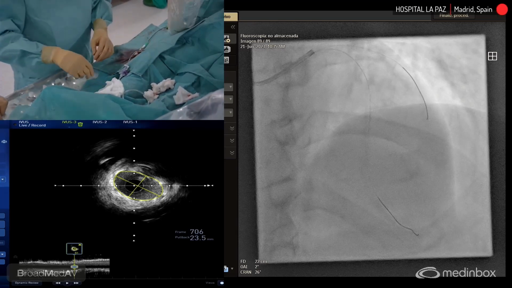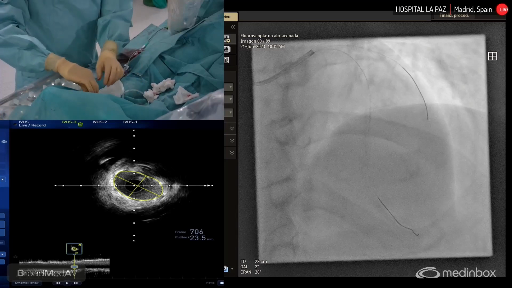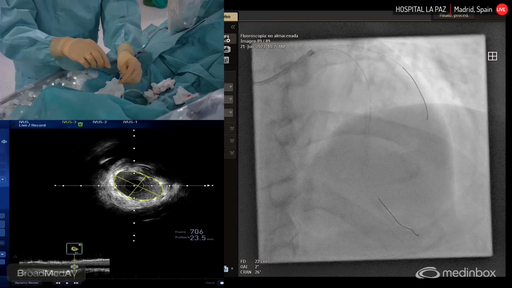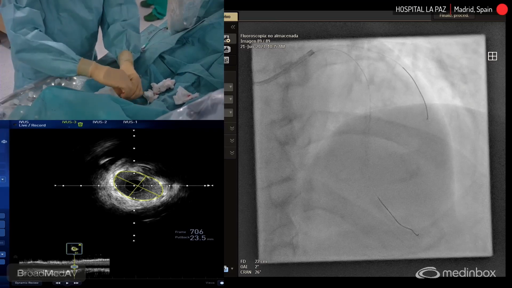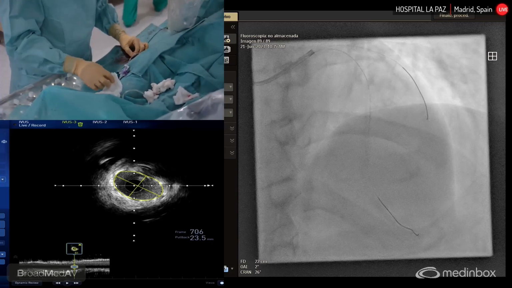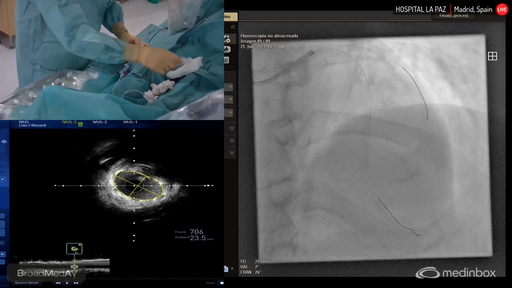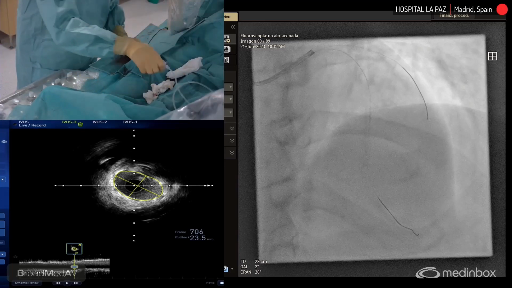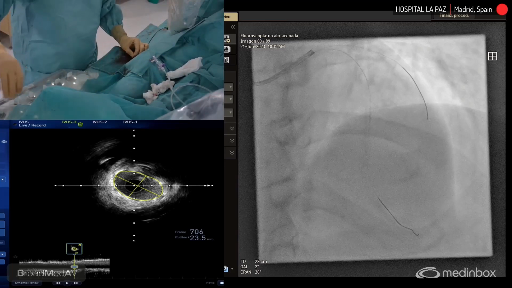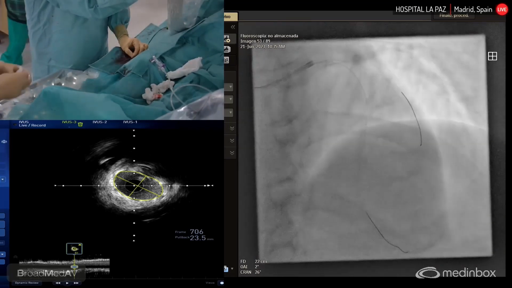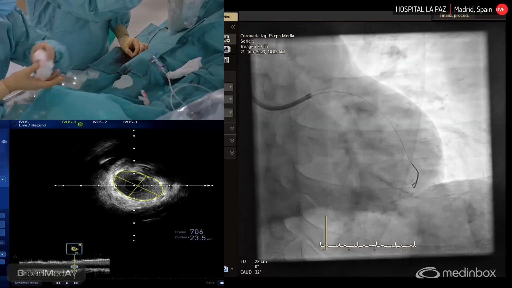So we are moving to the intermedius branch. The patient is okay without the ST elevation that he developed before with the vasospasm of the artery. So probably he has a mixed disease with vasospasm and also an evident epicardial disease. Okay, let's go with the IVUS here. So let's review the image of the intermedius branch.